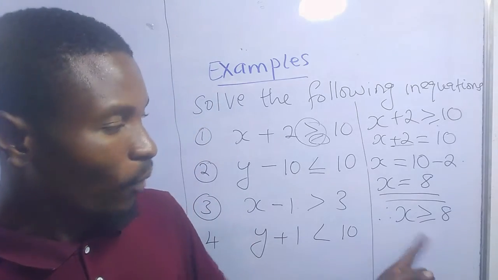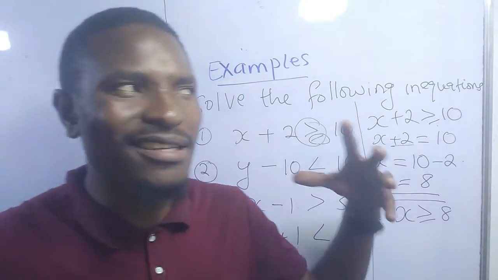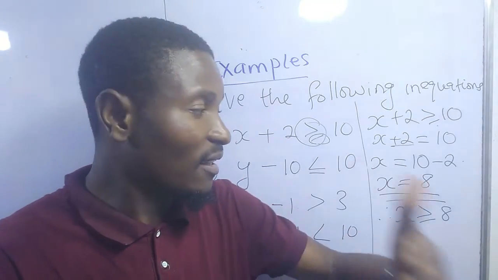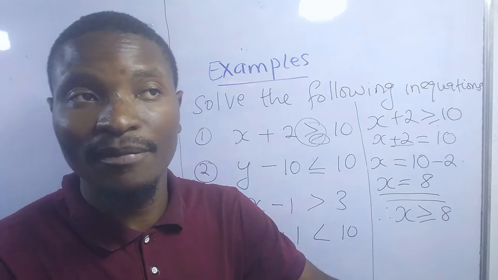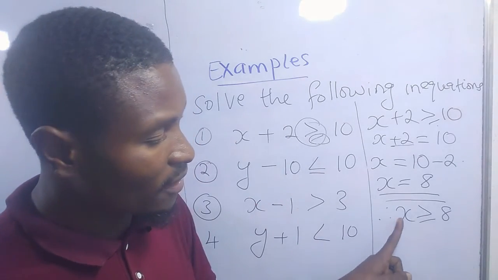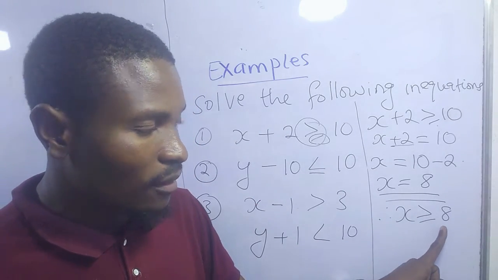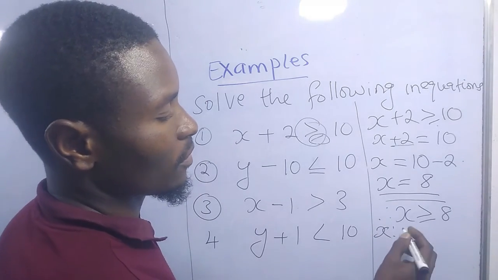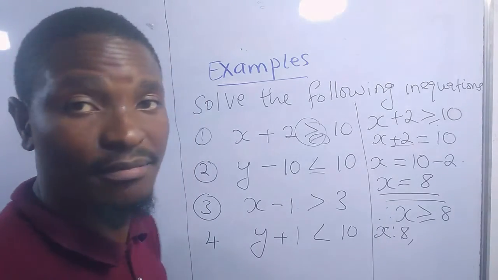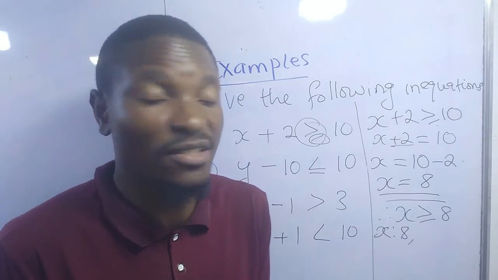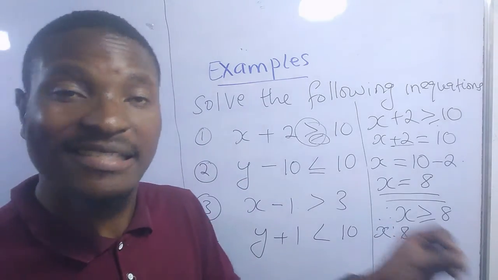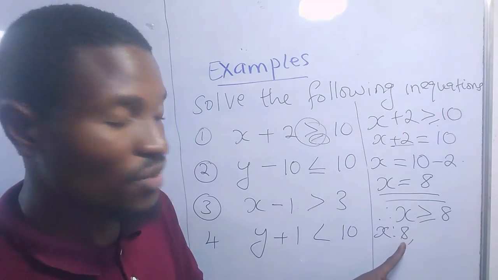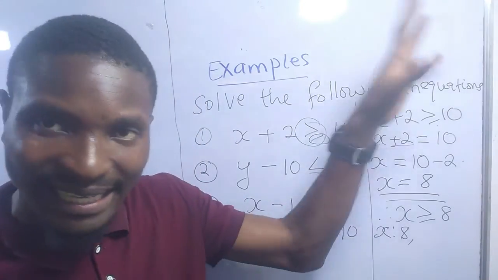What this means is that x is a number that is greater than 8, and this same x is a number that is equal to 8. So x is greater than or equal to 8. So if, for example, the question says, can you list some of these numbers that are greater than or equal to 8? You should start at 8 and then keep increasing.